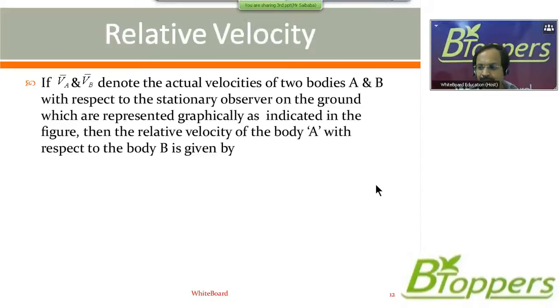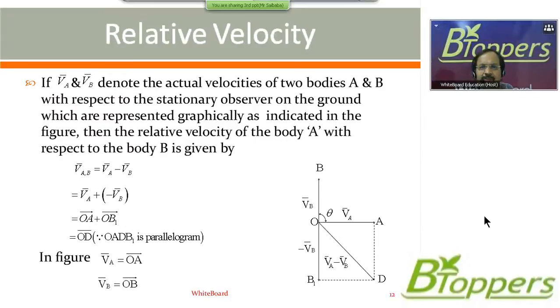If VA bar and VB bar denote the actual velocities of two bodies A and B with respect to a stationary observer on the ground, which are represented graphically, we can once again look at the diagram here.